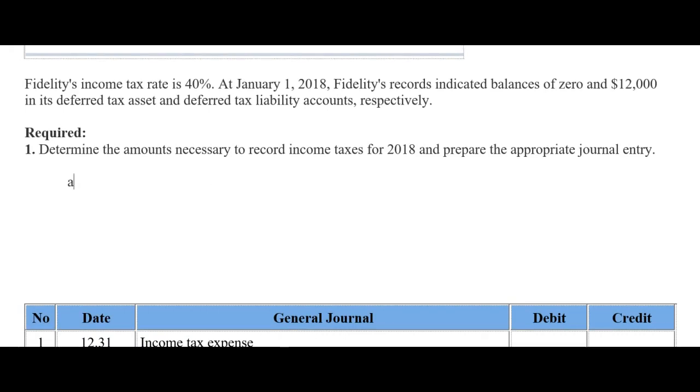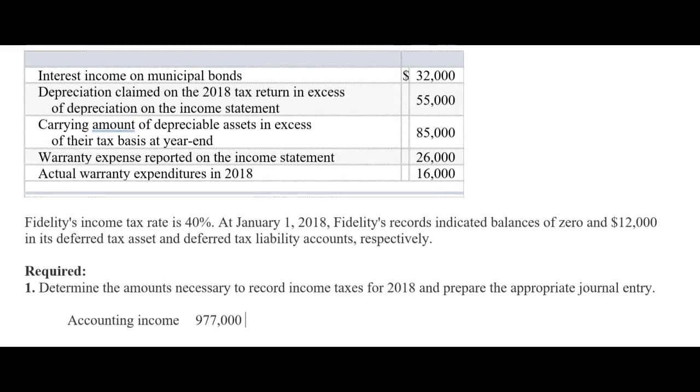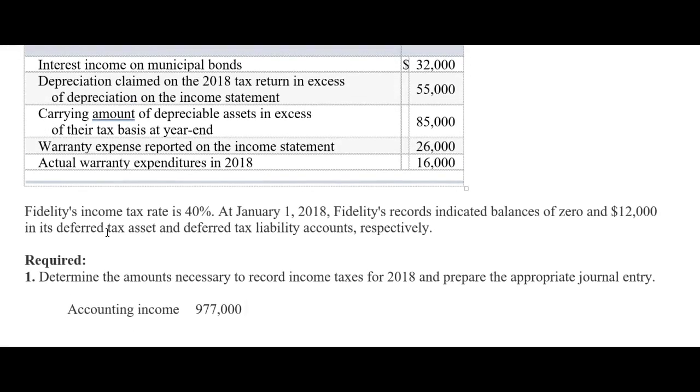So let's start there. We've got accounting income on our income statement of $977,000. Now, our information tells us there's interest on municipal bonds. That is not taxable, so we're going to go ahead and take that out in order to calculate our income tax on our income statement. And that brings us to $945,000, our income on our financial statements.